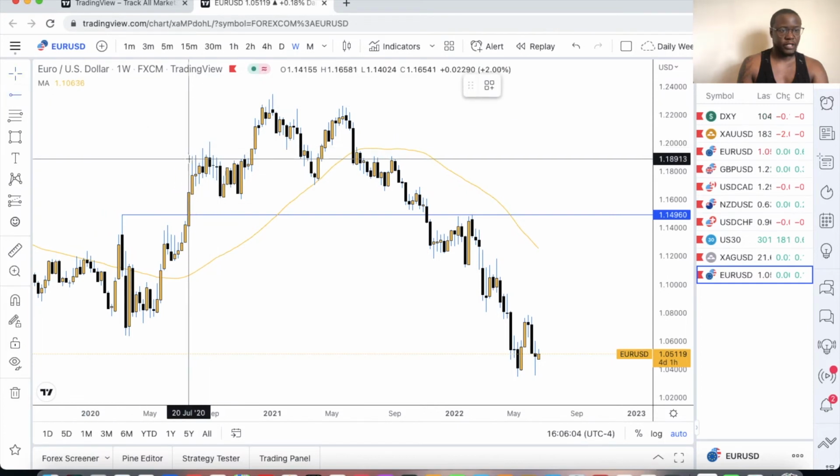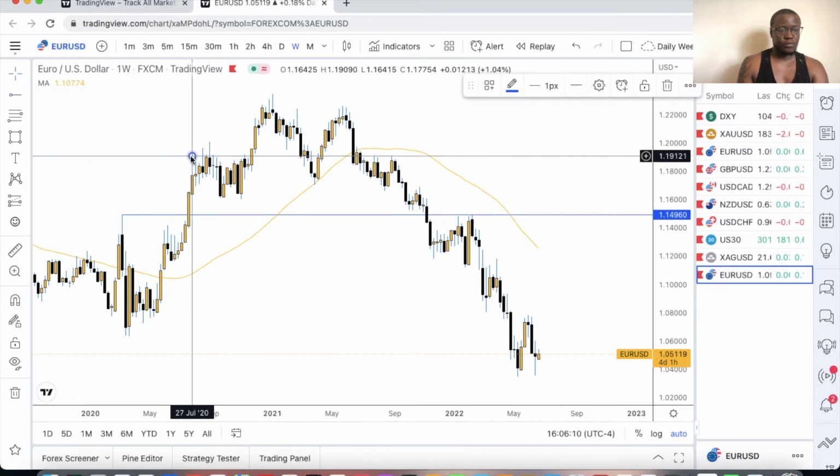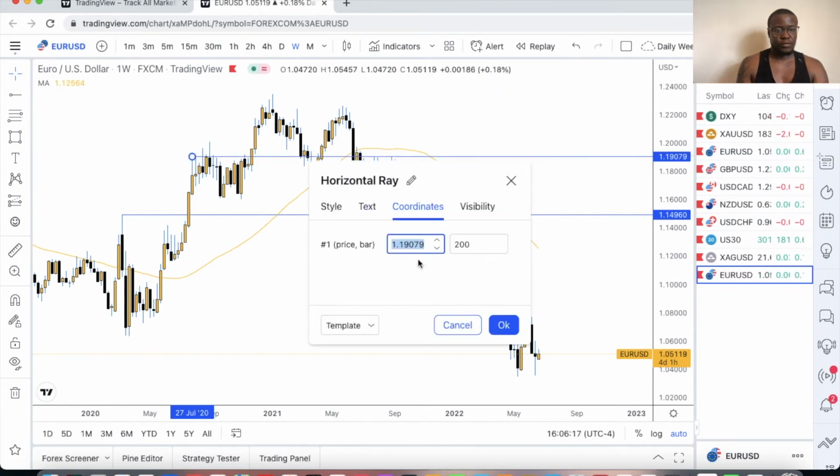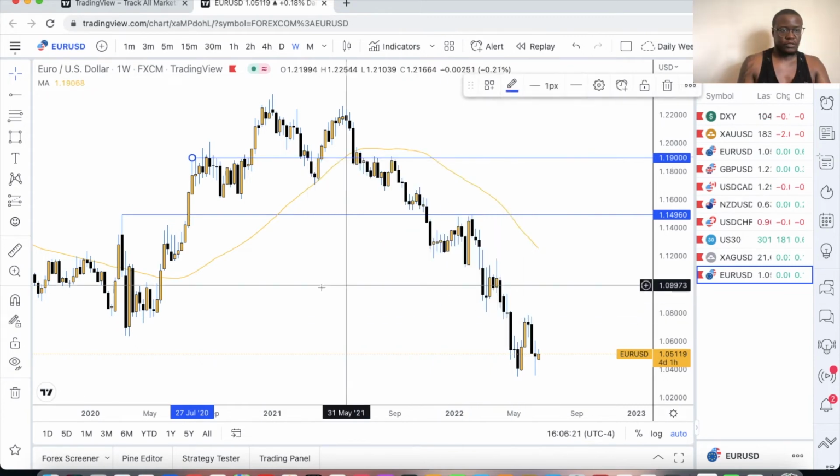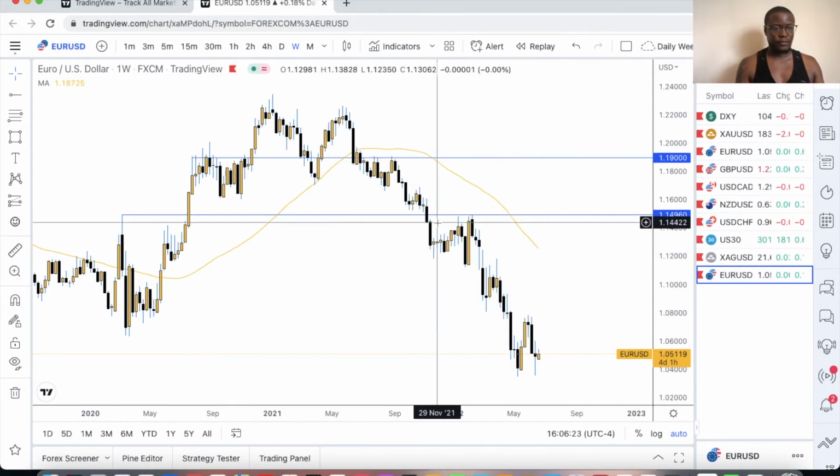Got this level right here. Go 900. So 19 flat, key level.